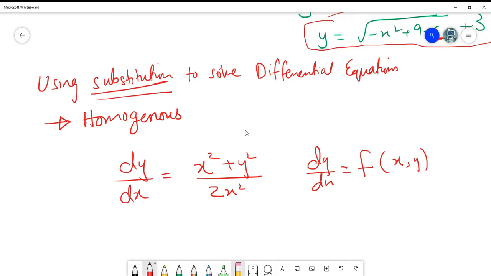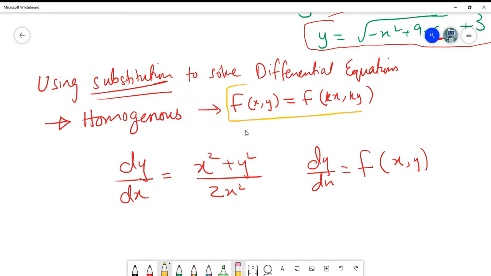Now, a homogeneous differential equation is defined as an equation where the function of x and y remains the same if you multiply x and y with some constant k. So let's apply this understanding to this equation and see if this is homogeneous or not.